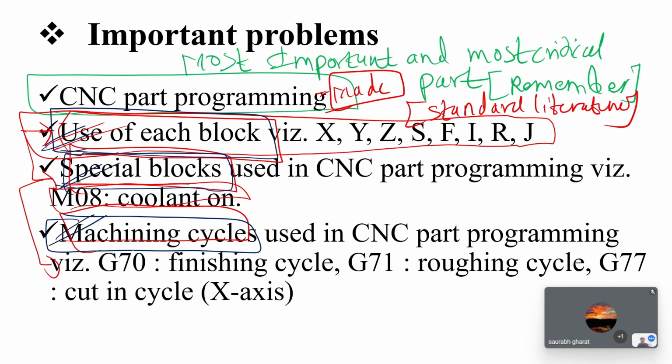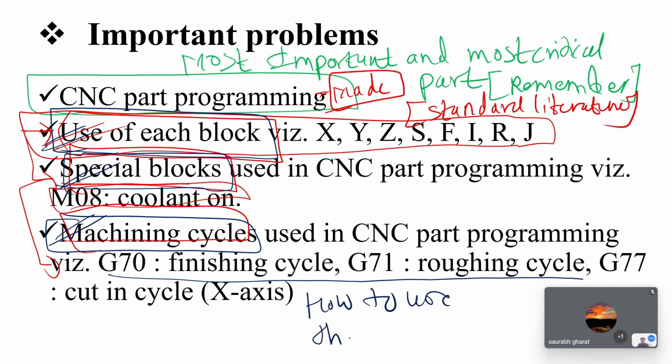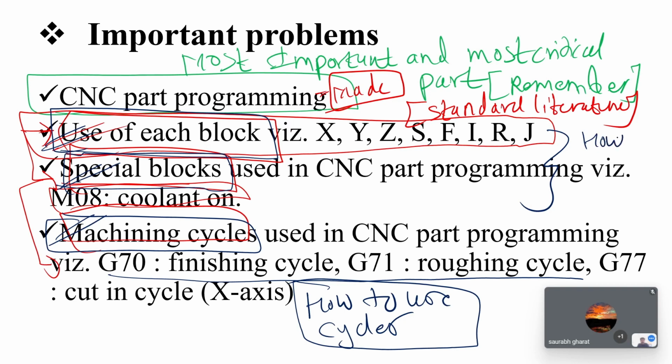Say G70 finishing cycle, G71 roughing cycle, and how to use them. How to use them means these codes, how to use these cycles, and how to use both of them, the special blocks and blocks.